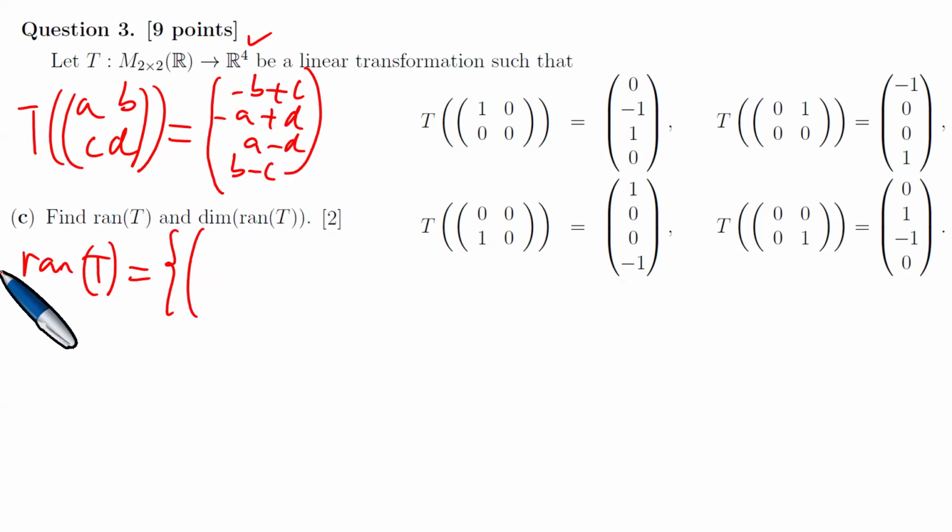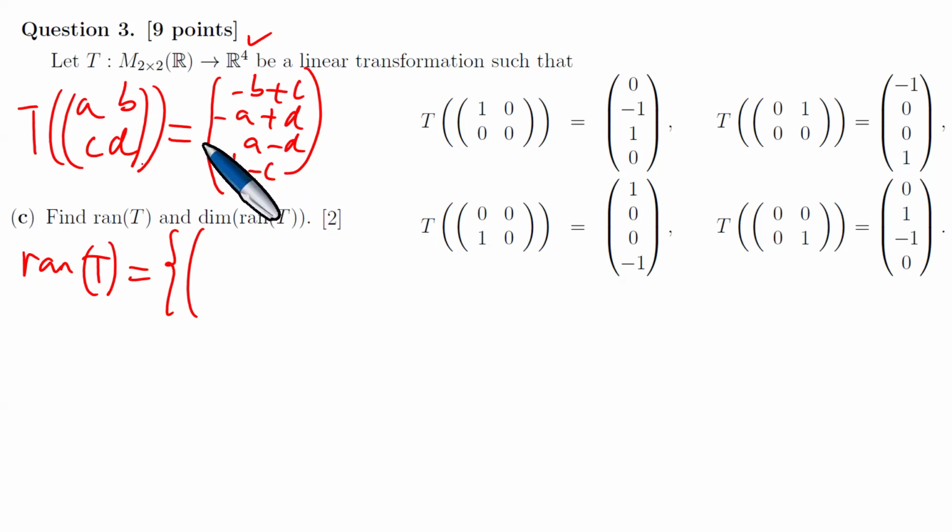It contains the members of R4 which satisfy this particular equation.